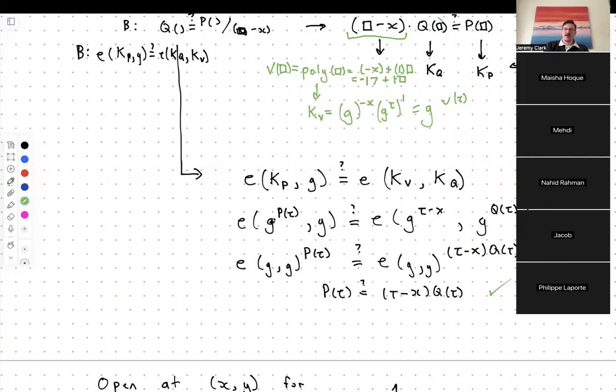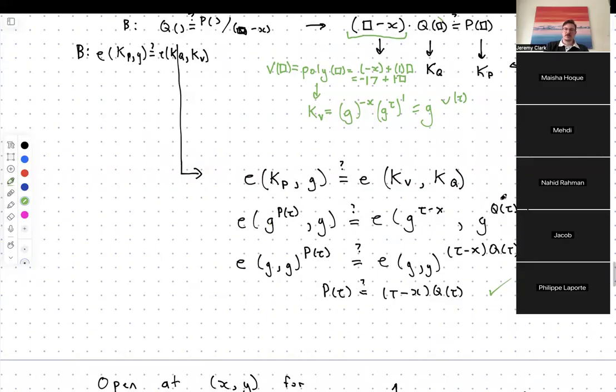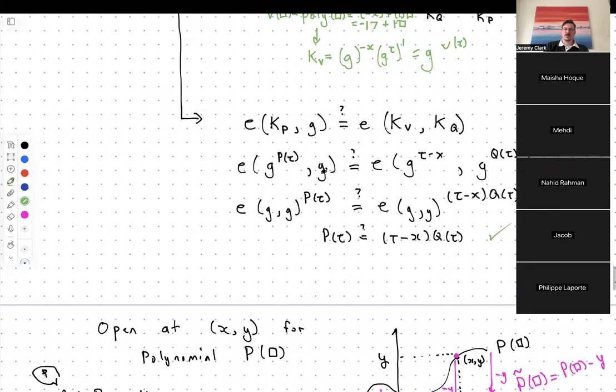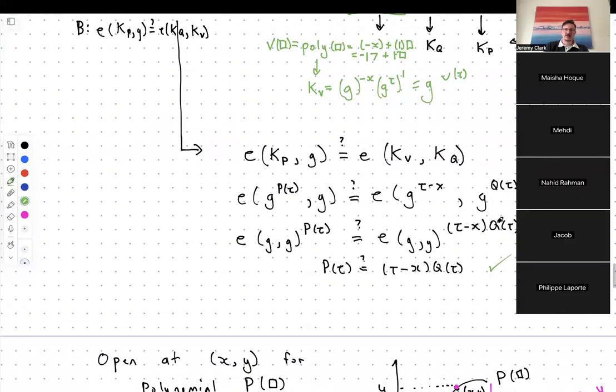All right. So I have G to the P tau, G to the tau minus X, and G to the Q tau. And with the pairing, I can move these exponents to the outside. So I get P to the tau out here, and then I get tau minus X times Q to the tau outside of it.